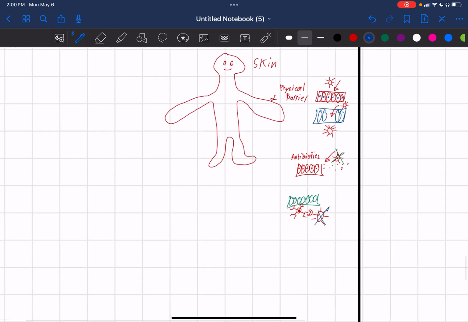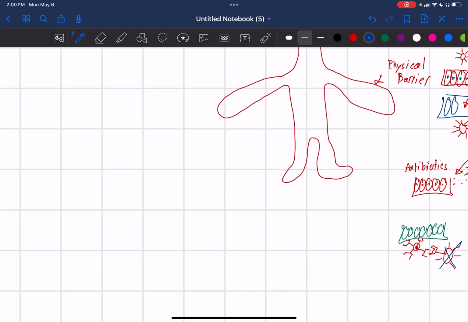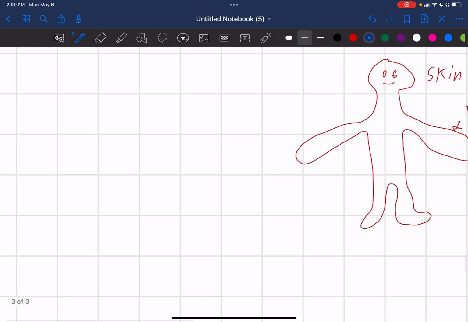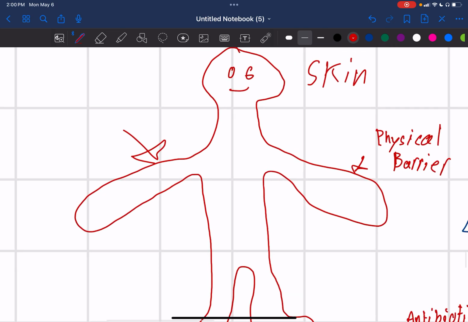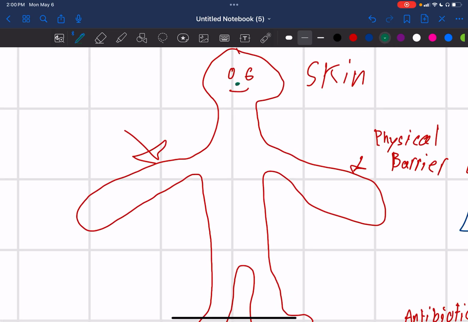Other components of the innate immune system are, of course, the skin, which we just talked about in depth, and then other things such as, let me put something, I don't know how to draw a nose, but that's going to be mucosal.